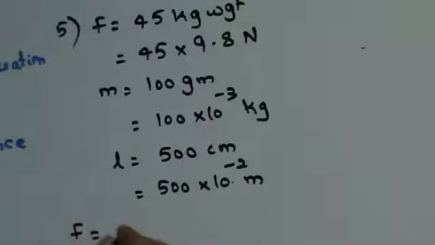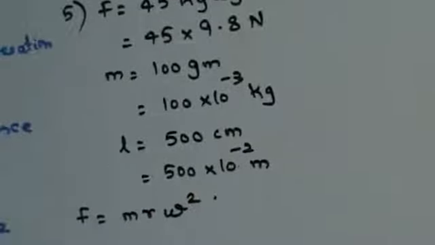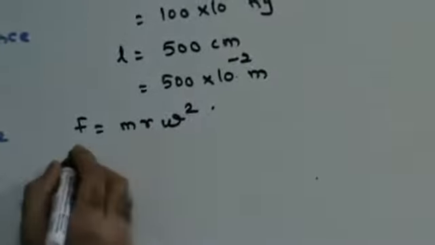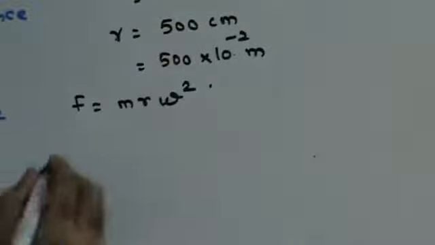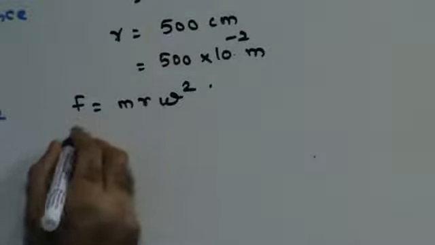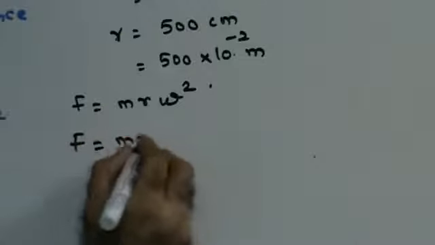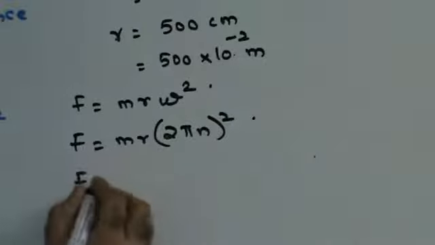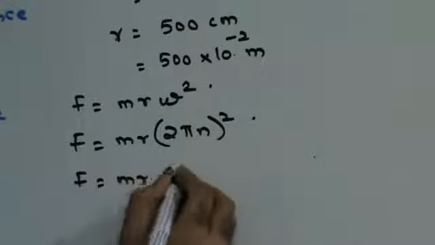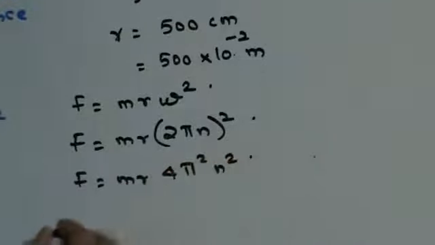Now F is equal to m r omega square. F is given to you. Length is nothing but your radius. Omega is nothing but 2 pi n. So I can say F is equal to m r (2 pi n) whole square, F is equal to m r 4 pi square n square.